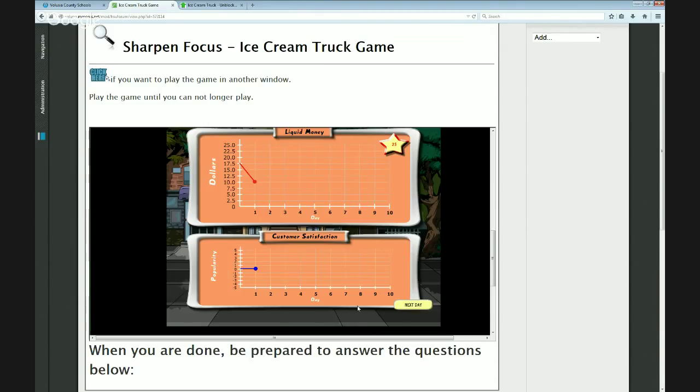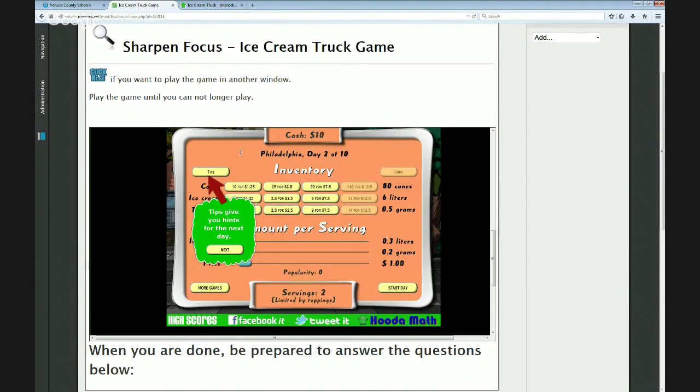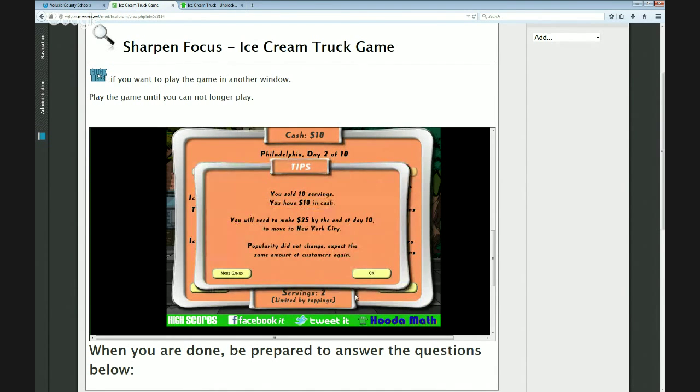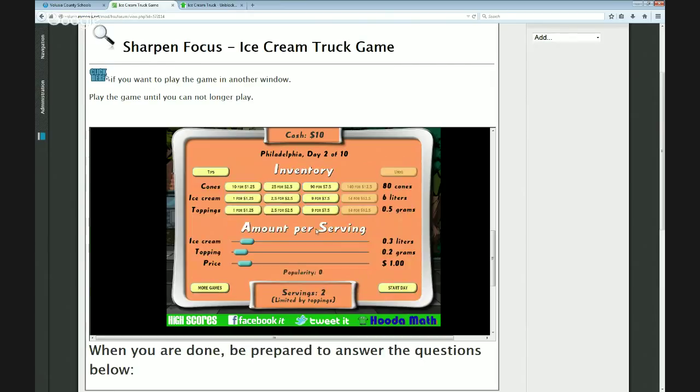Okay, so we are at $10. This tip tells you how to do better at the game. And we need to get to $25. Here's our supply. We still have quite a bit of ice cream. We bought 9 liters, and we're down to 6.